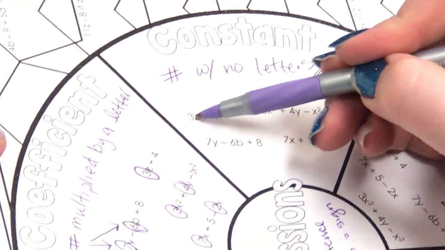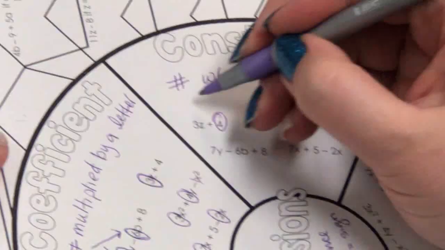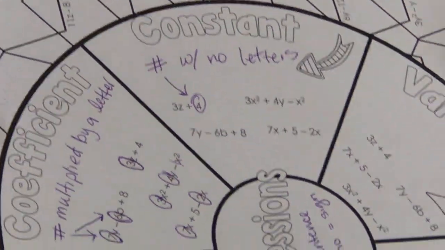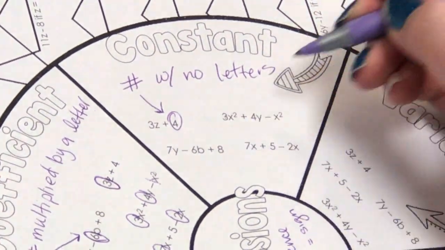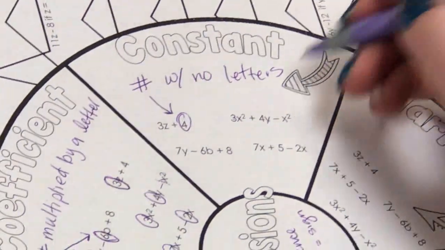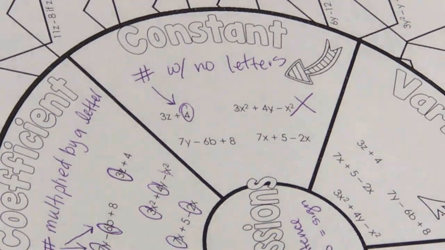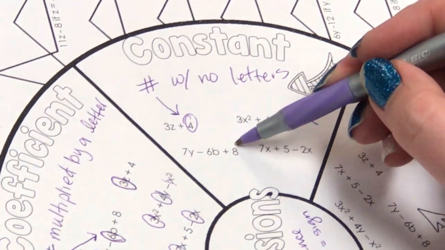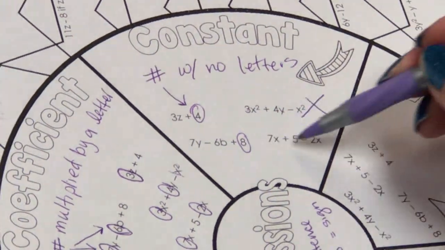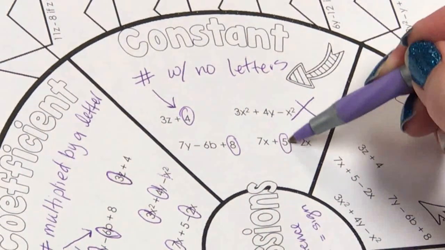It's not going to be changed by a letter, so this is the constant. It's the number without letters. Do we have any constants here? This one has a letter there, it has a letter there, has a letter there. This one doesn't have a constant. Looking at this expression, this is your constant. Looking at this one, this is your constant.